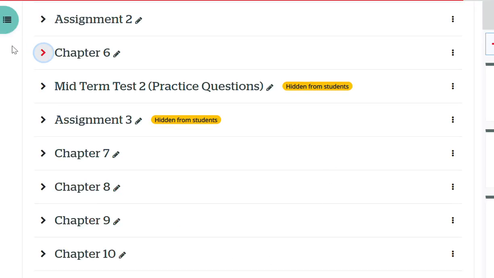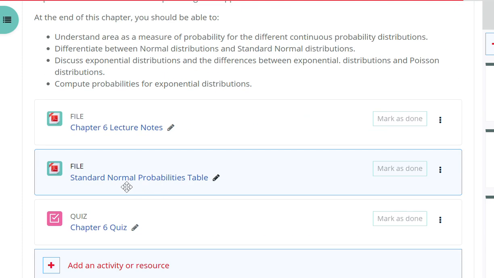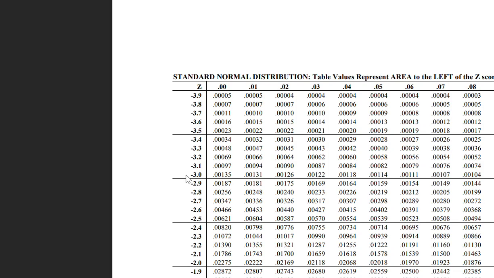So you go on Moodle, and under chapter 6 of the lecture notes, you will see the standard normal probability distribution table. Okay, and it's not just there, it's everywhere. You can also just download a standard normal probability table on Google. When you open this, it gives you the standard normal probability table.